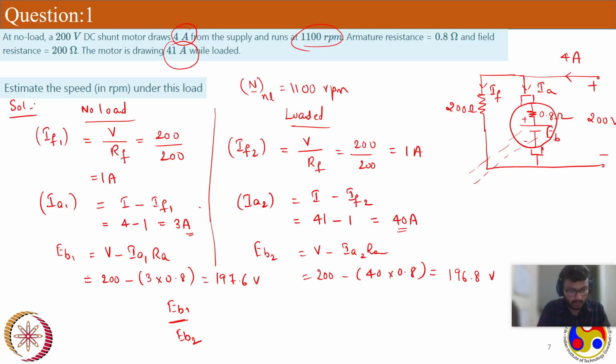EB1 by EB2 is nothing but K phi 1 N1 over K phi 2 N2. So 1 is no load and 2 is full load, the loaded condition. Now phi 1 and phi 2 are proportional to my field current, right?